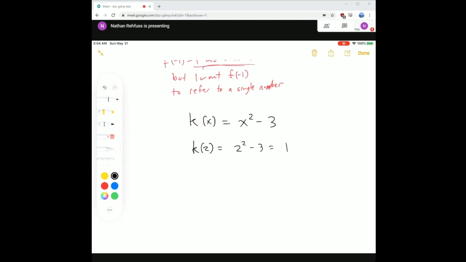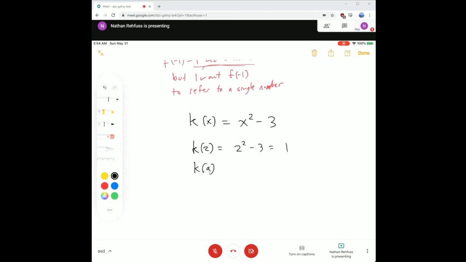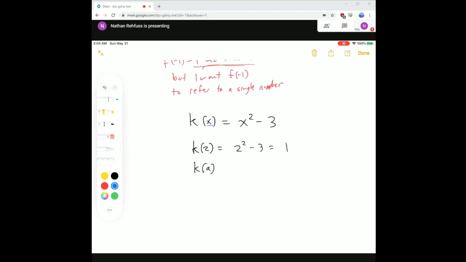I can do other things, like I can say, what is k of a? And then the way the function's rule works is whatever I put in these parentheses, that's the input. You replace the variable of the definition with the input. So the way this definition works is this variable name x matches up.